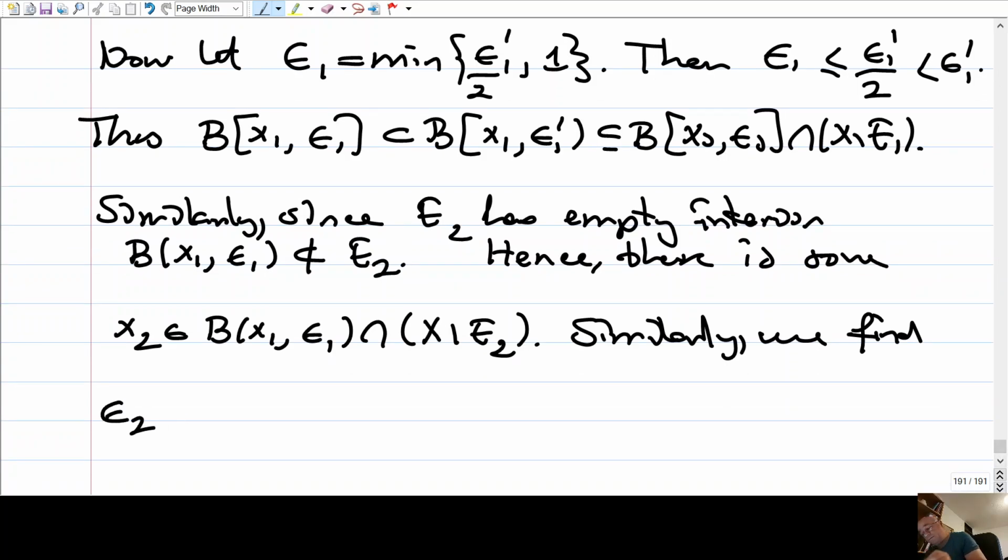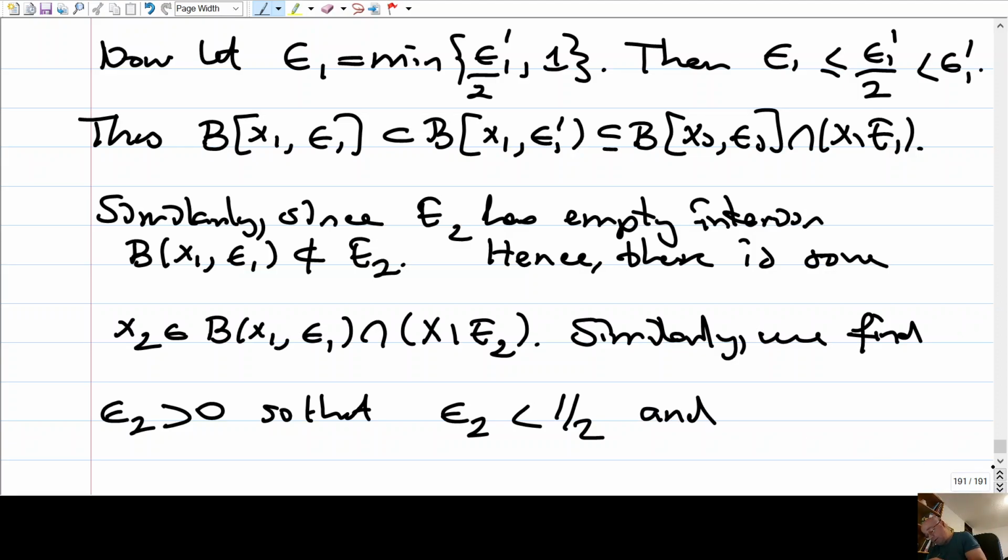epsilon 2. This time, we will first choose epsilon 2 prime and so on. This epsilon 2 is so that epsilon 2 is less than 1 over 2. Instead of 1, I'll take 1 over 2.